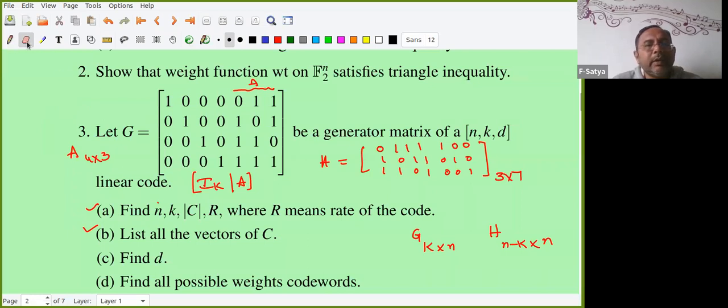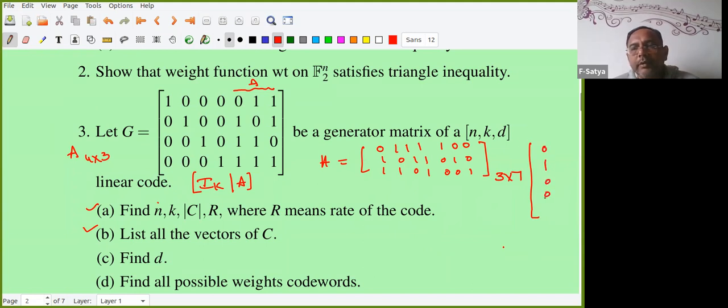So for example, we'll check with one example so that it will be easy for you, right? For this matrix, the second row is a row vector. It is in the code, right? I'll multiply here 0, 1, 0, 0, 1, 0, 1.